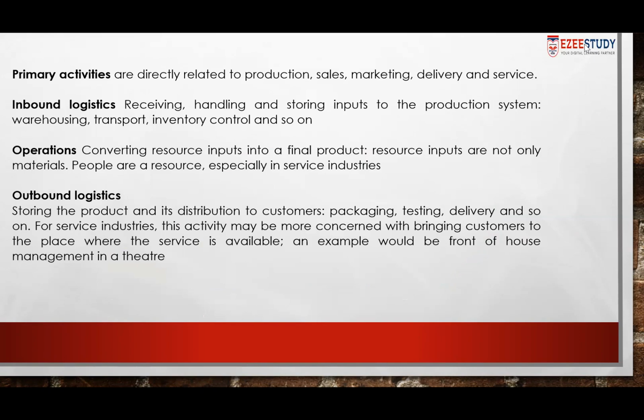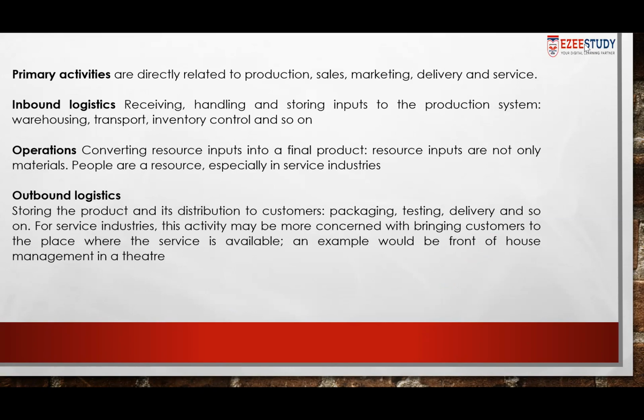Inbound logistics. Inbound logistics actually involve receiving raw materials, handling the raw materials. That is, when you receive the raw material, you will have to transfer it to the storage department.